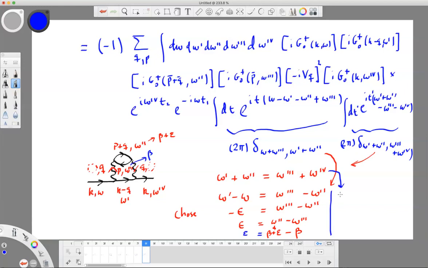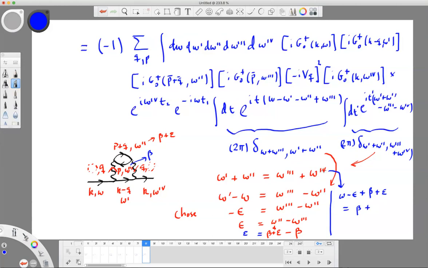Then we have plus omega double prime, which was equal to beta plus epsilon, and this is going to be equal to, on the other side, omega triple prime. Omega triple prime is beta.